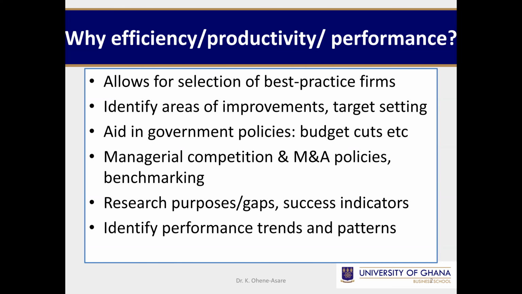So you can set the target, I want to achieve this number of loans by the end of the year. How do you get to that target? This approach, this method, this analysis will help you to do that. When it comes to government policies, when you're able to do some of these things, you'll be able to know regulatory policies.